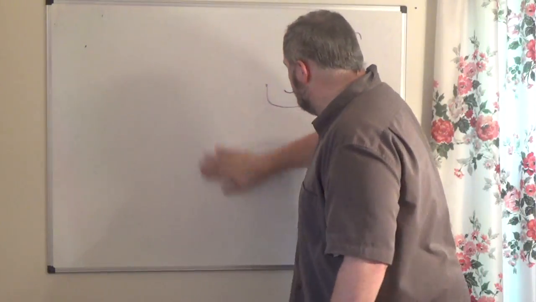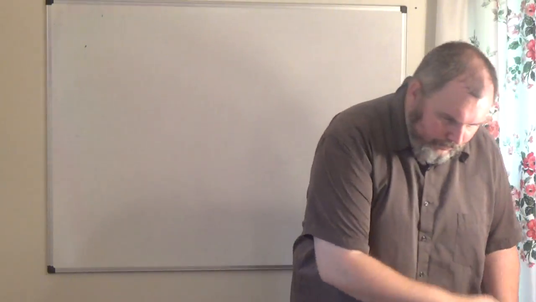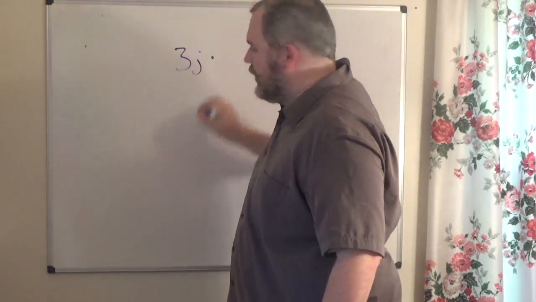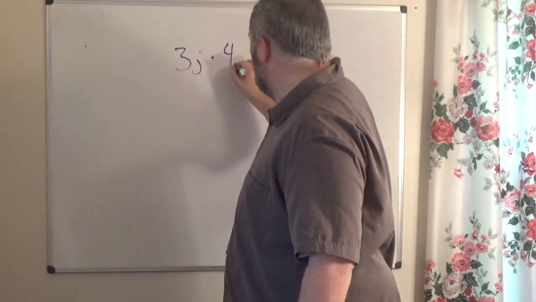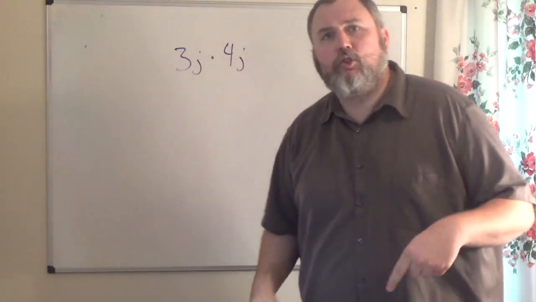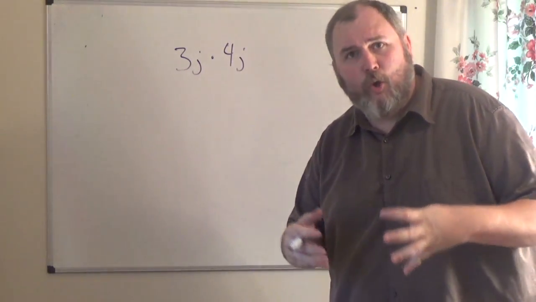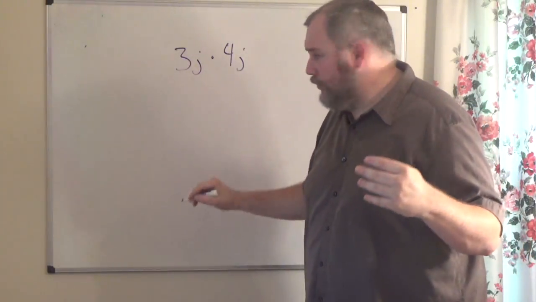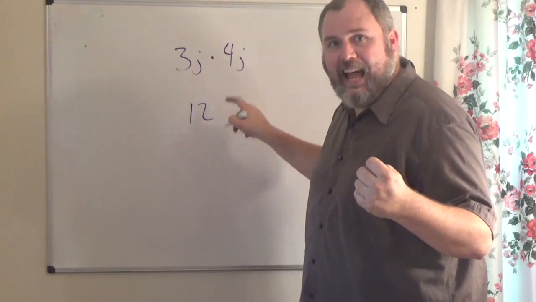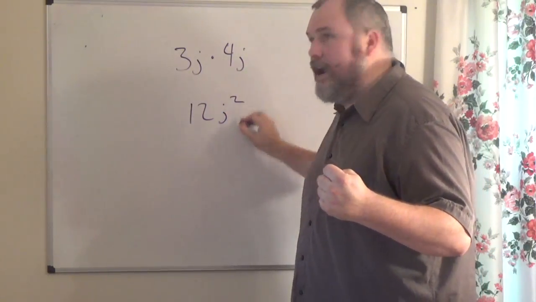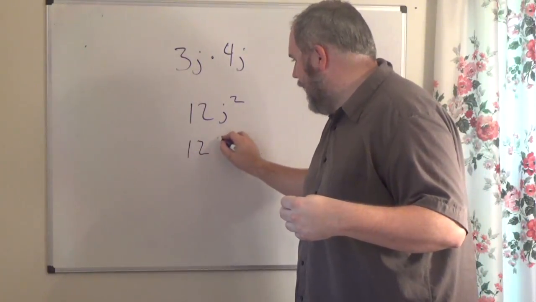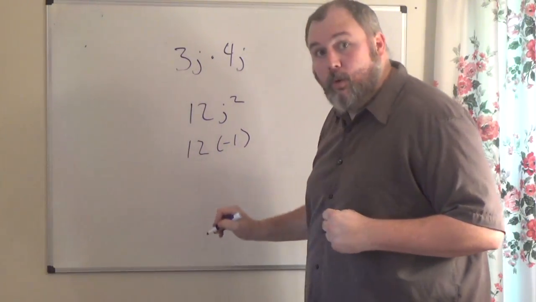All right, so let's go with it. We have 3j times 4j. We're going to treat this at first like a normal variable. 3 times 4 is 12, and j times j is j squared. But remember, j squared is really saying negative 1.